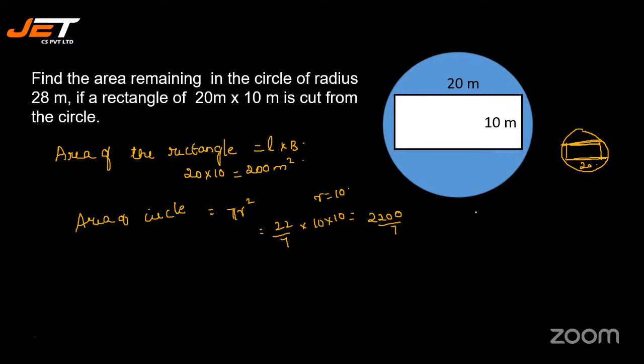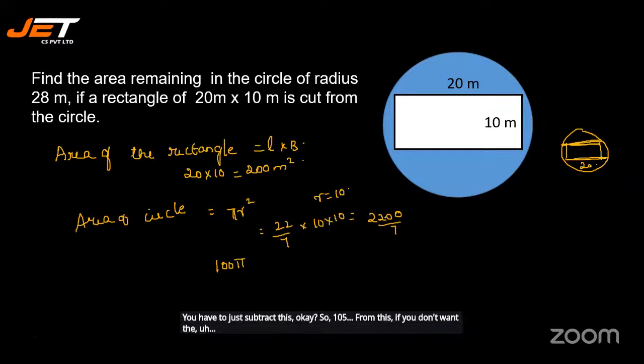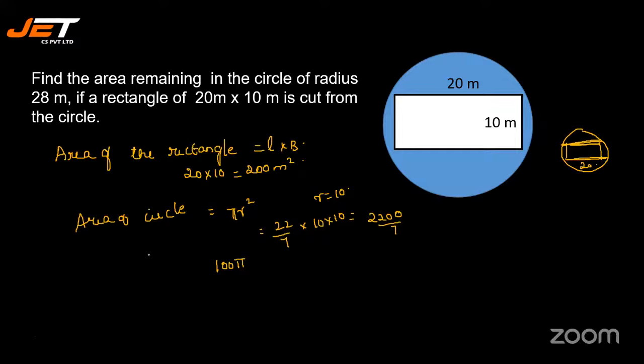You just have to subtract. So 100 pi from this. If you don't want decimals, we can keep it as pi.